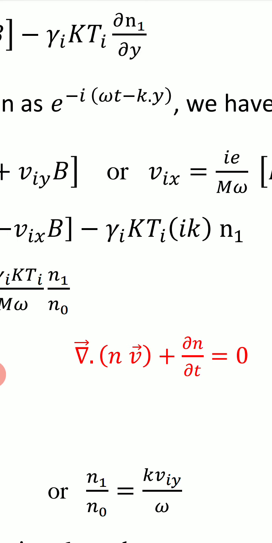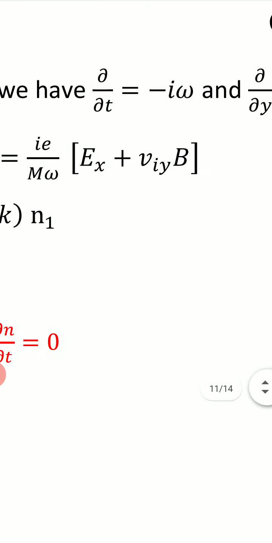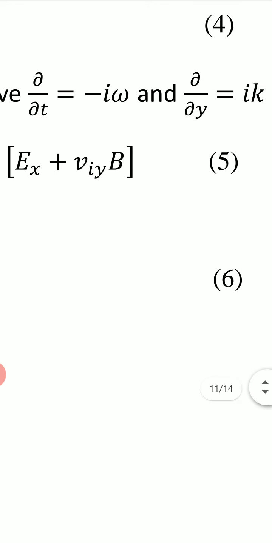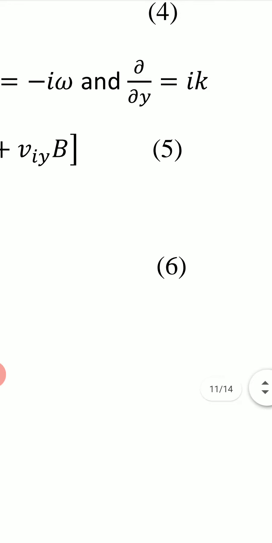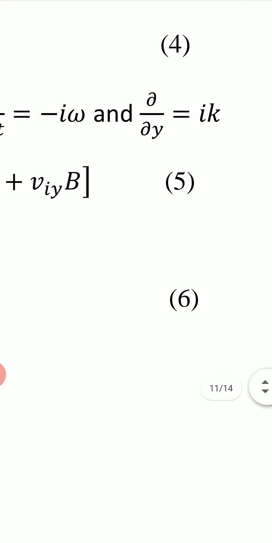Since with t we have minus i omega, delta upon delta t is equal to minus i omega, and since with y we have ik, delta upon delta y is equal to ik.